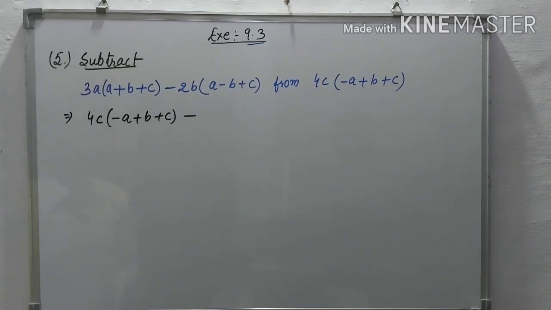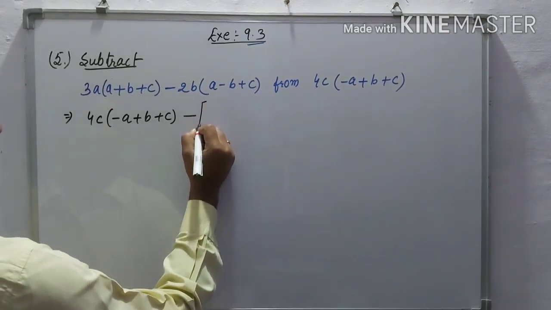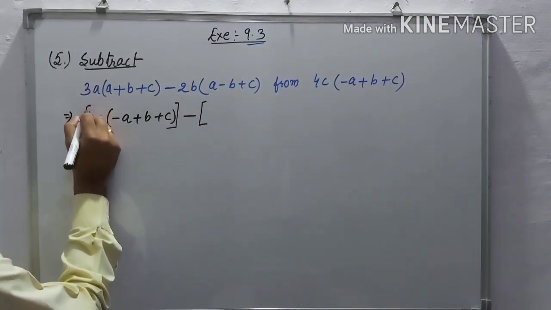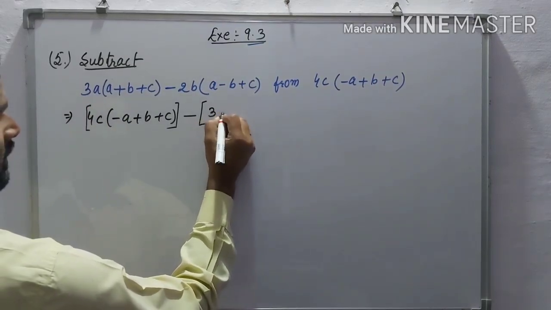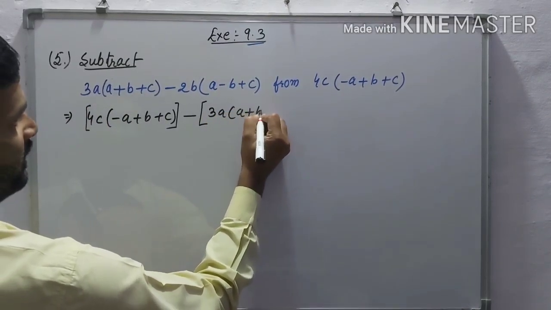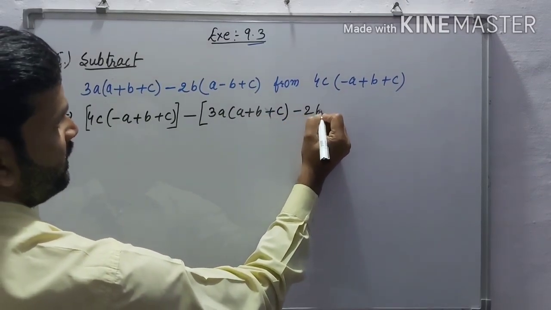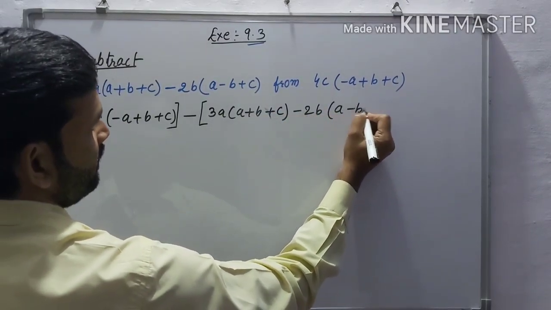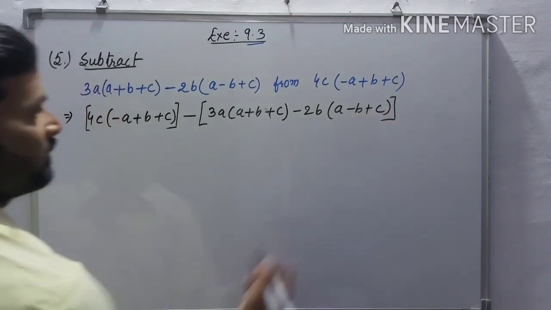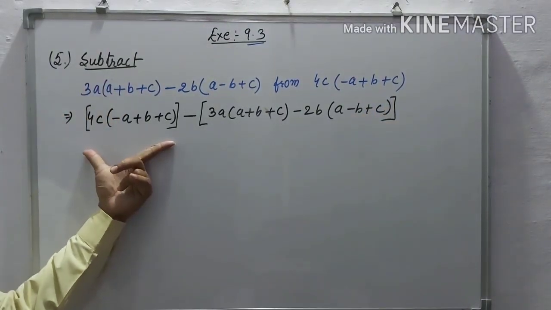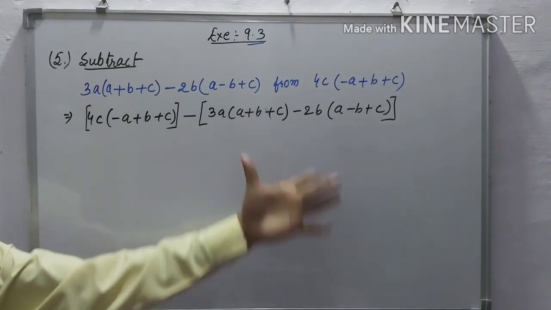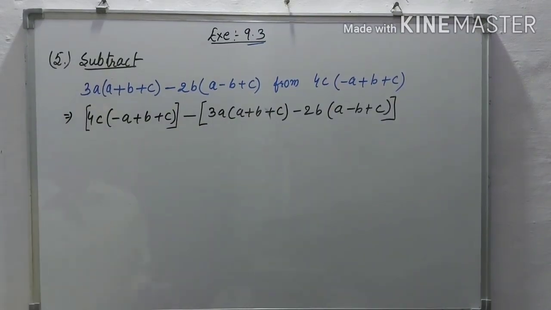And the second bracket, after the minus you put the bracket: 3a plus b plus c minus 2b, that is a minus b plus c. Second value minus first value, and now solve the internal part.